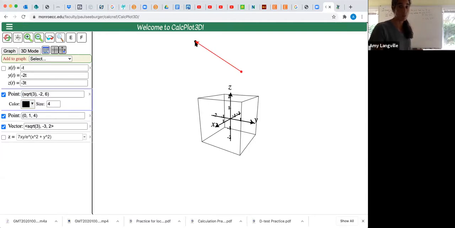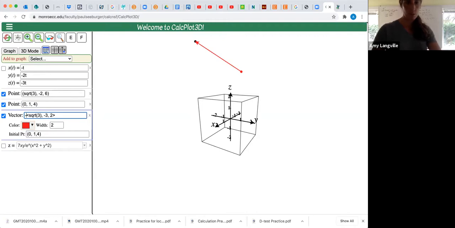The vector goes in the direction from 0, 1, 4 to the terminal point. If I wanted to go the other way, I would just flip the sign of this vector, right? It would be going in the other direction.